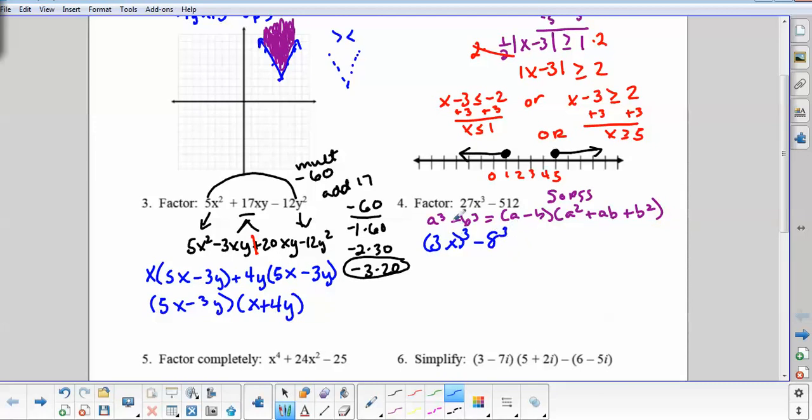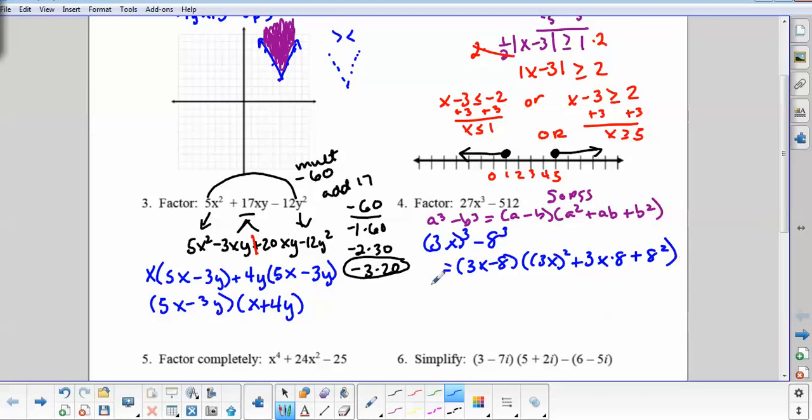So everywhere in your pattern where you see a, you're going to put 3x, and everywhere you see b, you're going to put 8. So I get 3x minus 8. That's this part right here. Then I need to square the 3x, plus the 3x times the 8, plus, and then the square of 8.